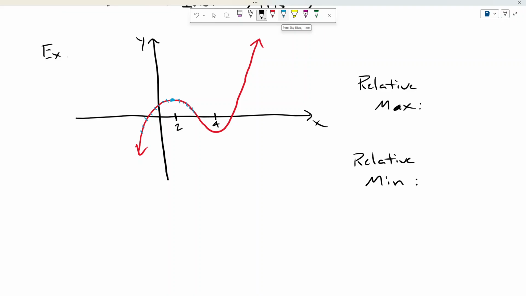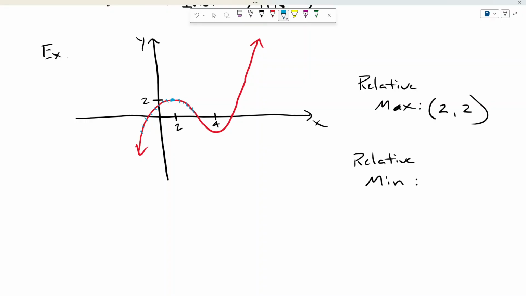So we would say the relative max there is at, and here we would do it as an actual xy point. So if we say this is 2 as well, we would say 2, 2, we have a relative max.